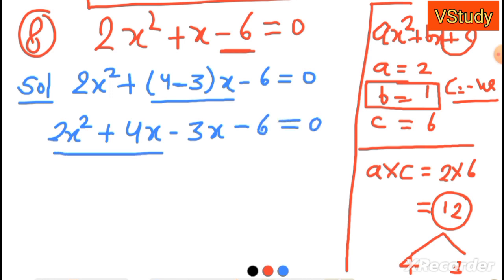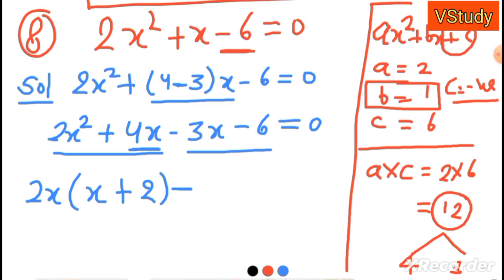Now taking common from the first two terms, we can take 2x as common. Directly I can write here x plus 2: 2x divided into 2x square gives x, and in the same manner 2x divided into 4x gives 2 only. In the last two terms, minus sign is common.